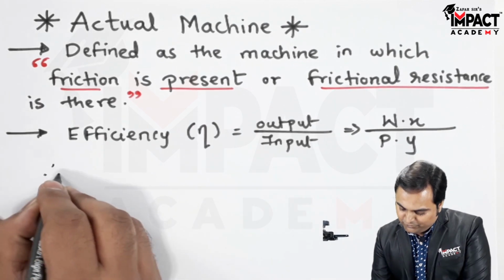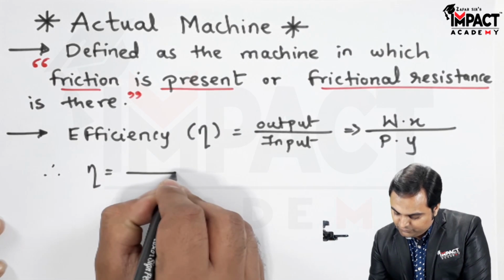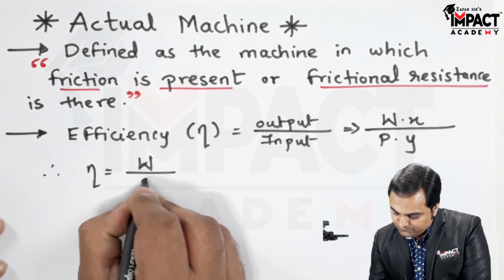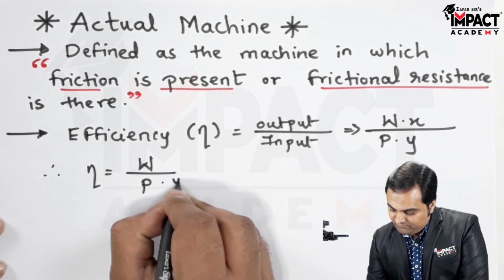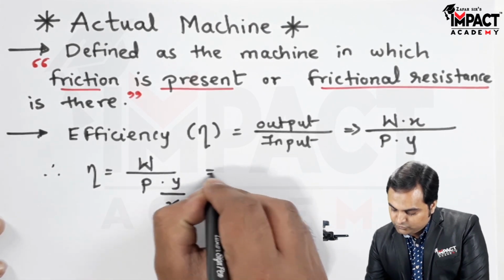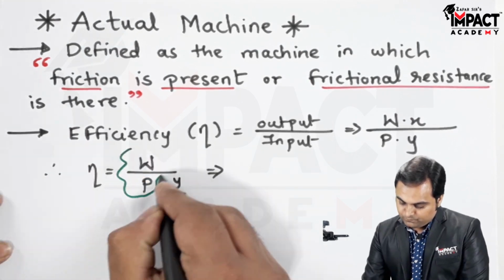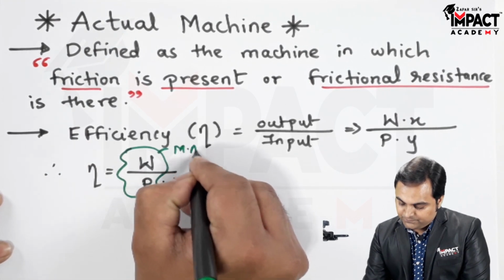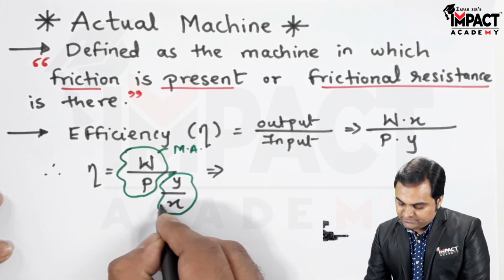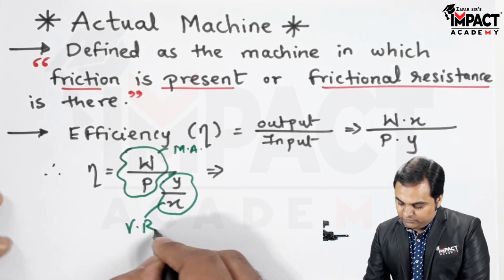Next, therefore efficiency would be W upon P, and here we have Y upon X. So basically W upon P means the mechanical advantage, Y upon X is the velocity ratio.